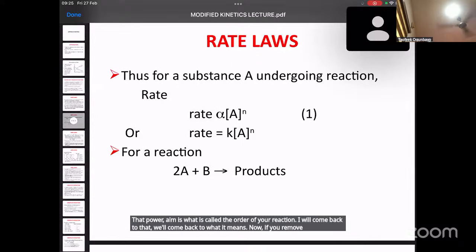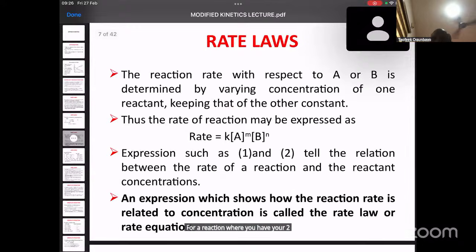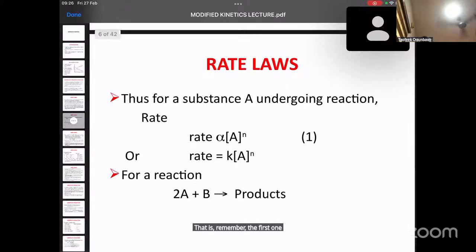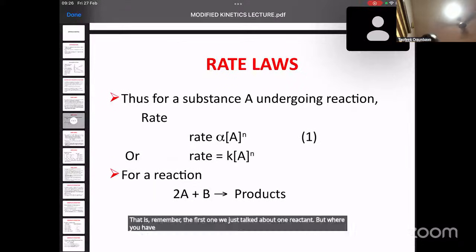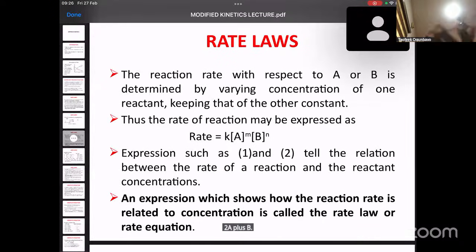Now, if you remove that proportionality, you want to put your equality sign, of course, that means there's going to be a constant of proportionality. And that K coming in there is what is called the rate constant. For a reaction where you have your 2A plus B, remember, the first one we just talked about had one reactant, but where you have two reactants, 2A plus B, this is what your rate is going to be.